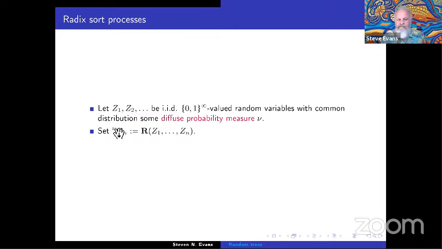And let's set R_n to be the radix sort tree for these. This will be the finite rooted binary tree that records the prefixes of these that distinguish them.